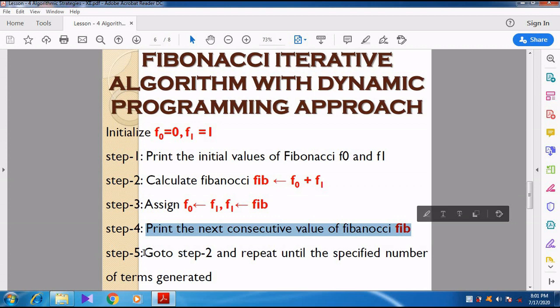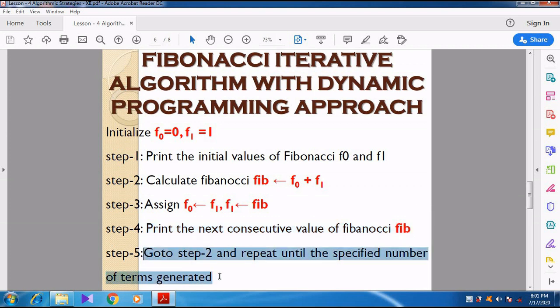Now we go for an iteration: go to step 1 and repeat until the specified number of terms is generated. Again and again we do the same process until the n value is satisfied. So again, 0 plus 1 becomes 1, and the value Fibonacci is printed as 1. Next, changing the position: 1 is stored to f of 0, and Fibonacci contains 1, which is stored in f of 1.